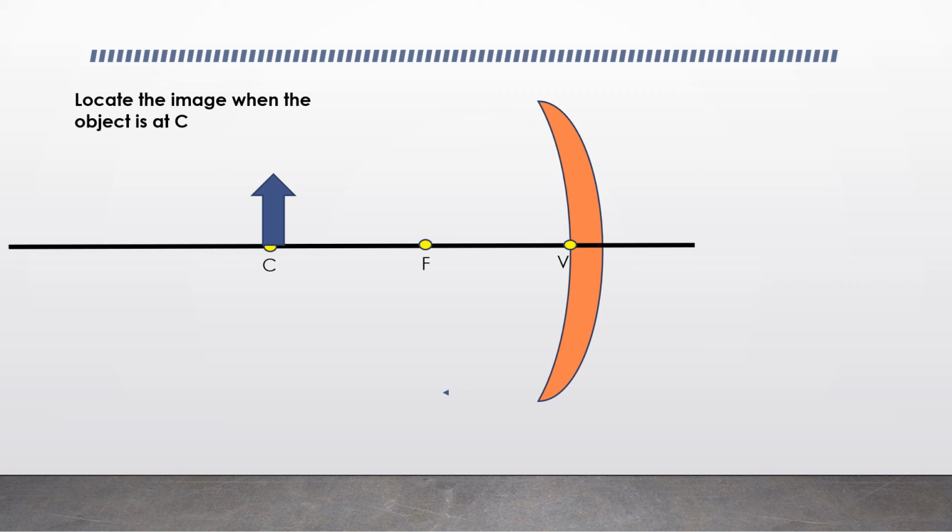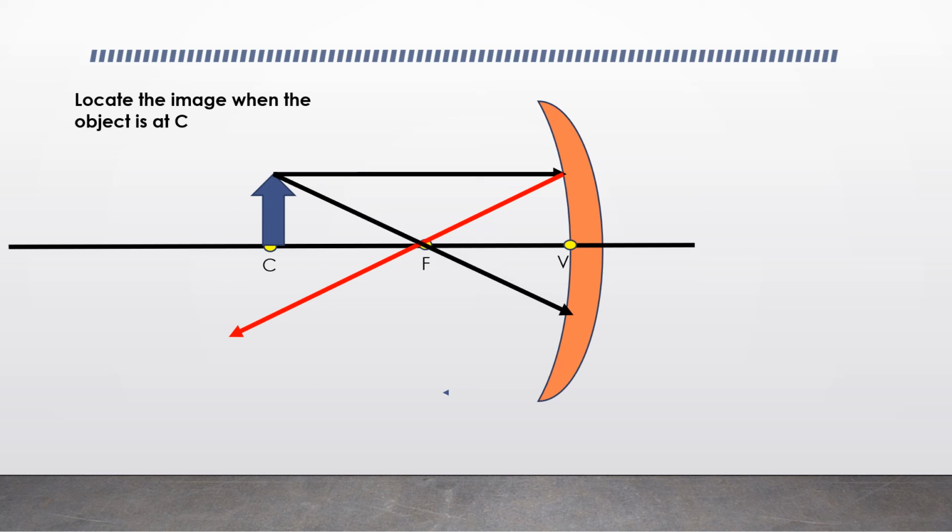So the incident ray should be parallel to the principal axis, and the reflected ray should pass at the focus. The F to P ray, the incident ray should pass at the focus, and the reflected ray should be parallel to the principal axis.